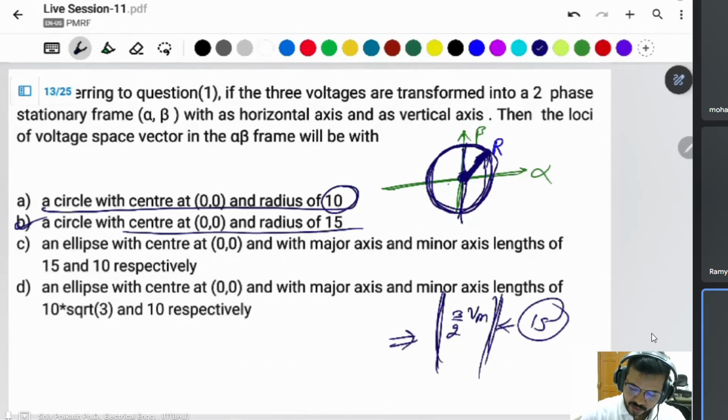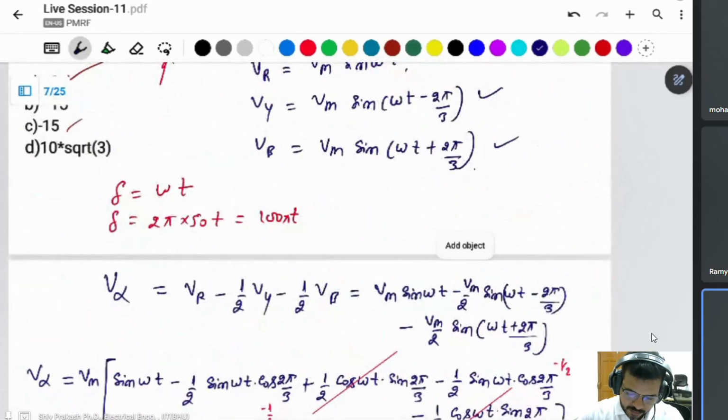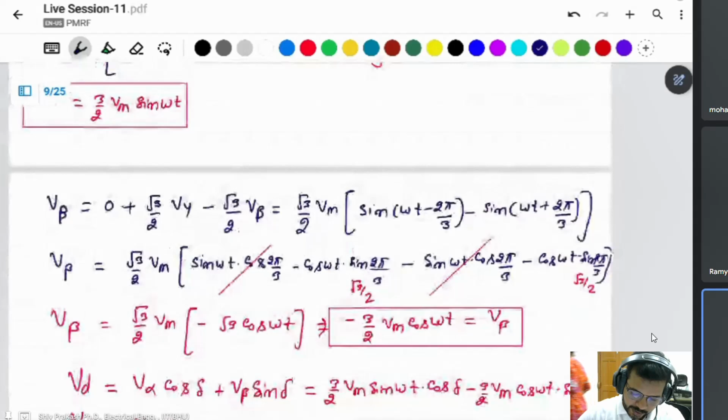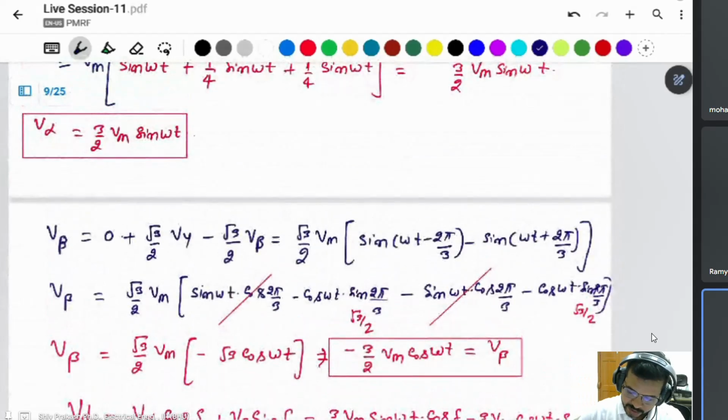No, this will be the same, because our omega t is rotating. At the same time, the magnitude will be maximum along this one only. You can see in the question, when we calculate alpha beta, the magnitude is the same on both axes, minus 3 by 2 and 3 by 2 Vm. Only the negative sign is there, but the magnitude is the same.